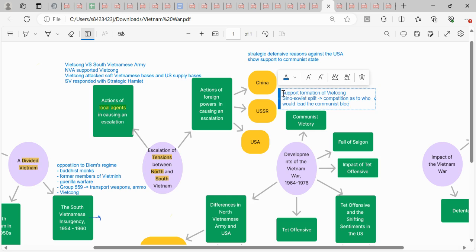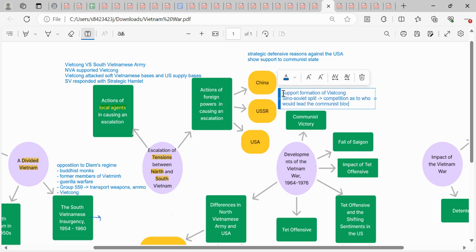China provided support like labor and resources, whereas the Soviet Union gave support in terms of more modern weapons, such as aircraft, air defenses, surface-to-air missiles. All right, so getting the best of both worlds, really.